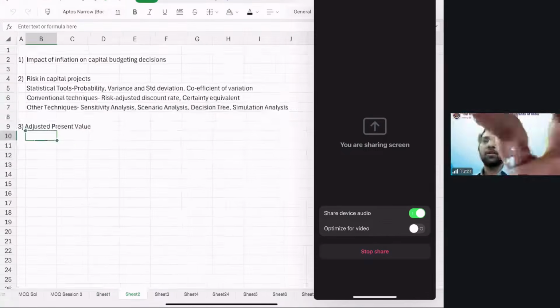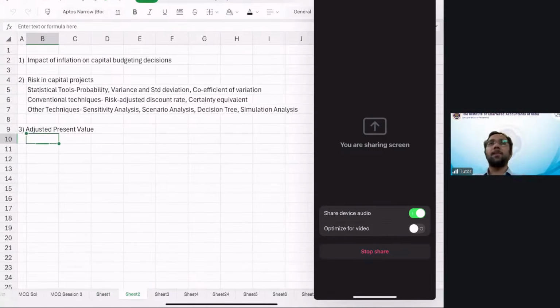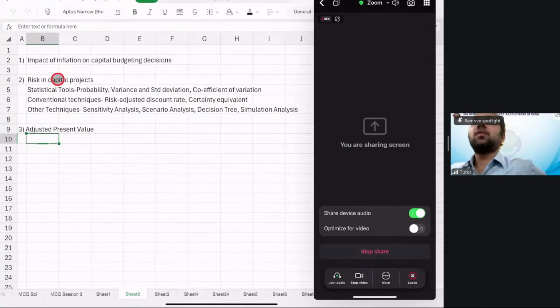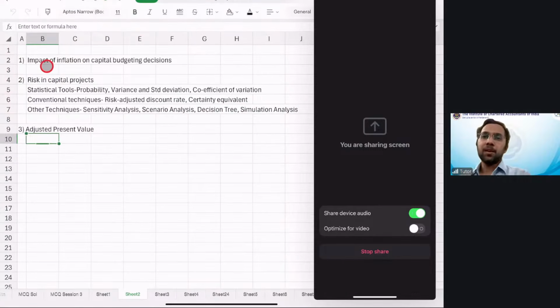We know what are the things that we are going to cover in this particular topic. First up, the impact of inflation on the capital budgeting process. Second part is what are the risks that are involved in capital projects.